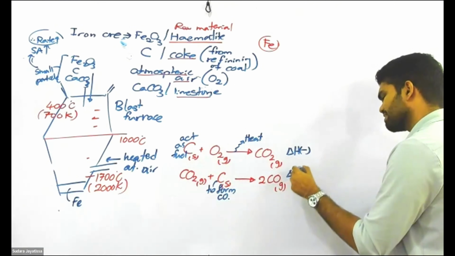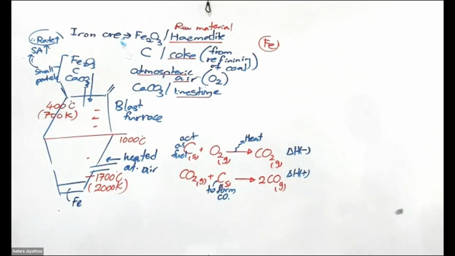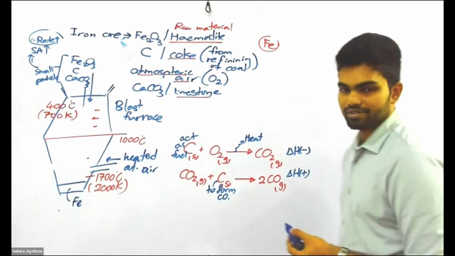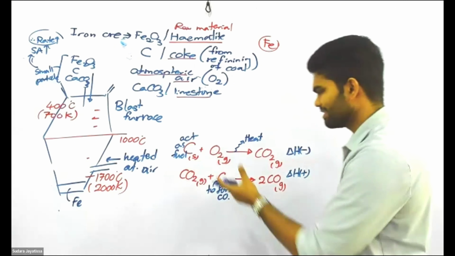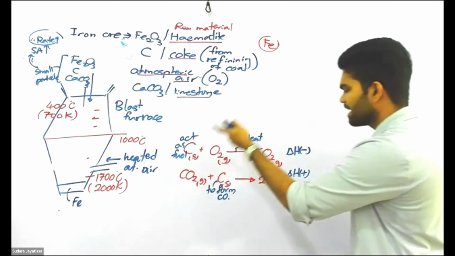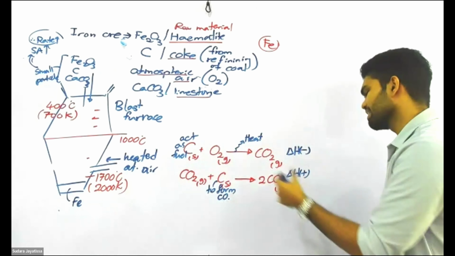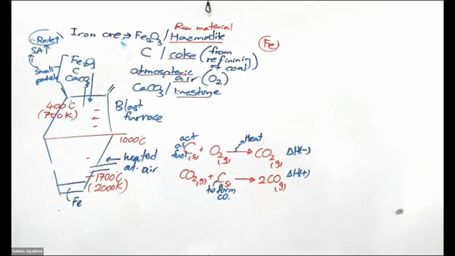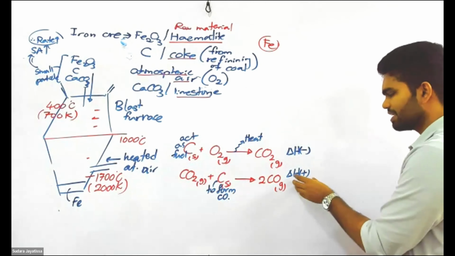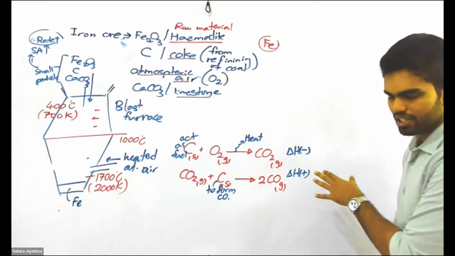This reaction's enthalpy change is endothermic, delta H positive. That we must remember. For combustion, you can easily understand that it must be exothermic, there is no argument about that. But for this reaction, we can't predict like that, so we should remember it is endothermic.